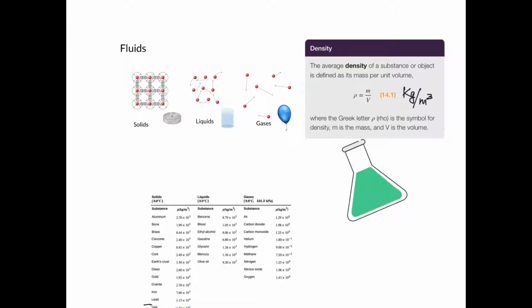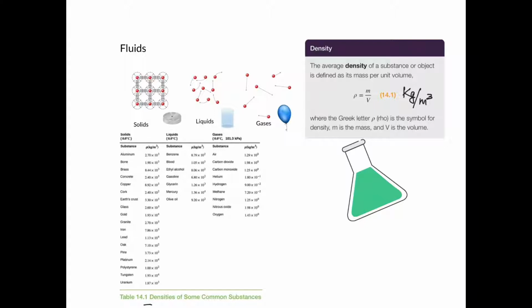Now, here are the densities of a few substances. The most important density that you need to know, which is our standard, is the density of water. The density of water is 1000 kilogram per meter cube, or 1 gram per centimeter cube. But you have densities of other materials here, like aluminum, which is 2.7 times 10 to the 3.